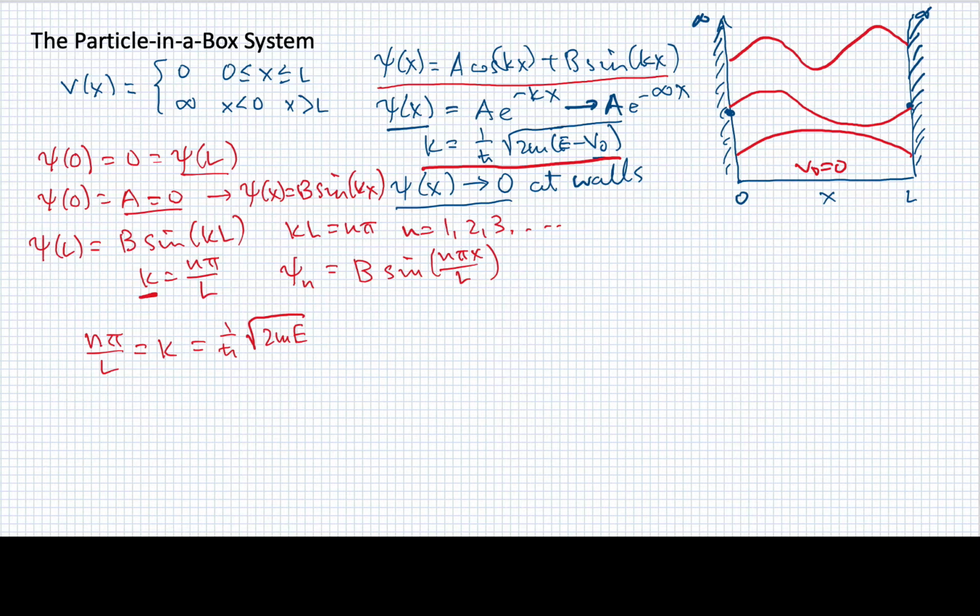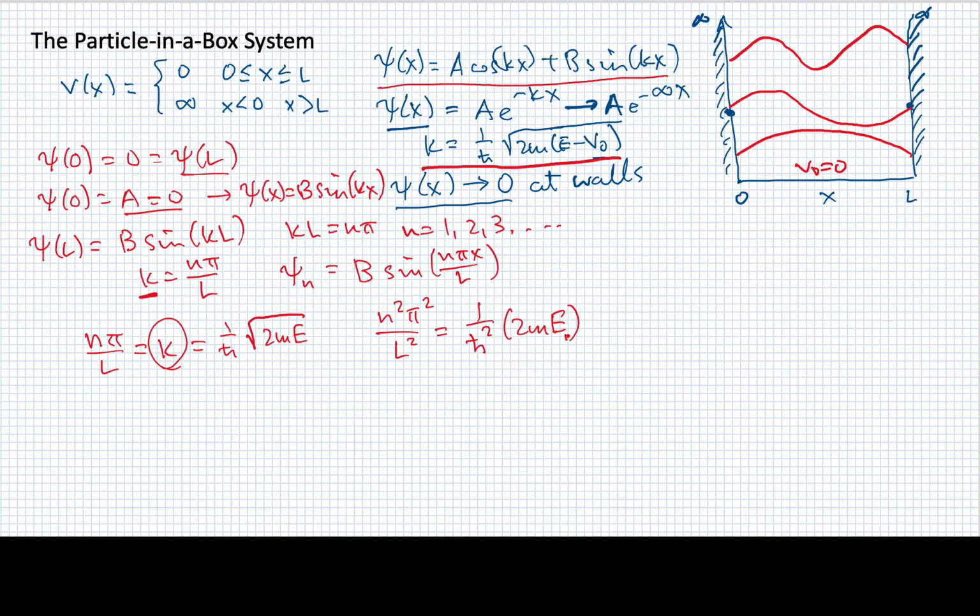So if I square both sides, and now I'm going to ignore the k in the middle here, I'll have n squared pi squared over L squared is equal to 1 over h bar squared times 2m times the energy.